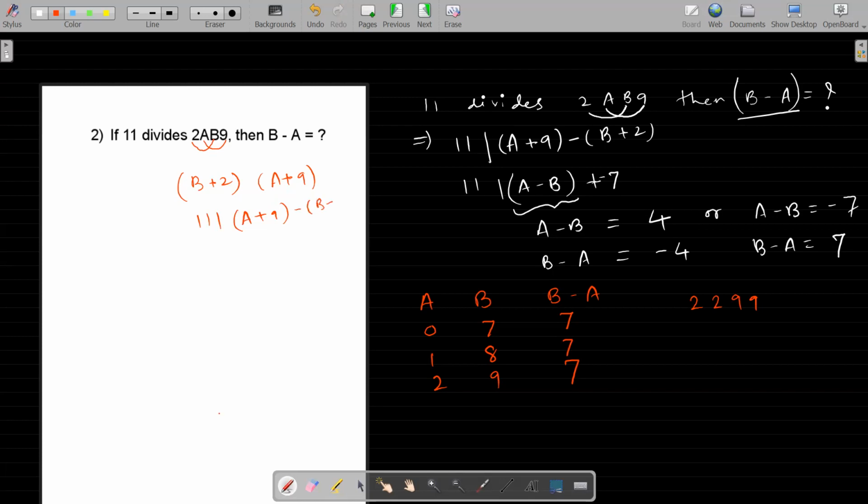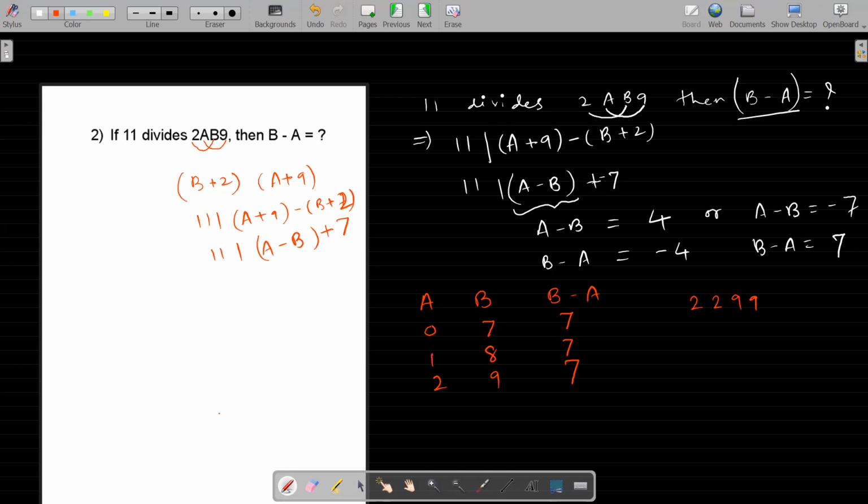You can take it the other way, no problem. You get the same thing. 11 divides A minus B plus 9 minus 2. Oh, sorry, this is 2. 9 minus 2 is 7. So 11 should divide A minus B plus 7, right?